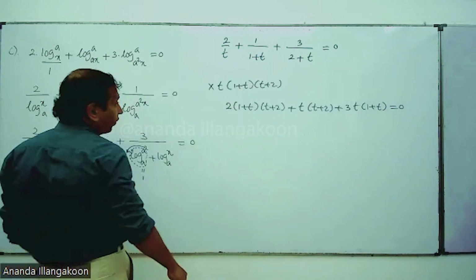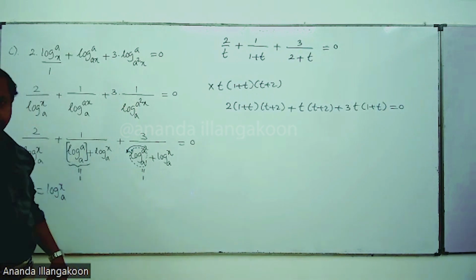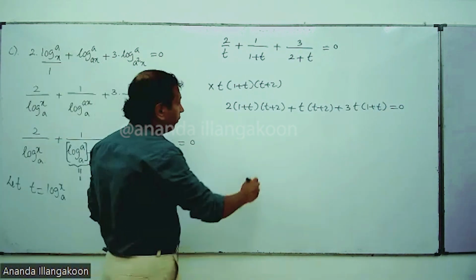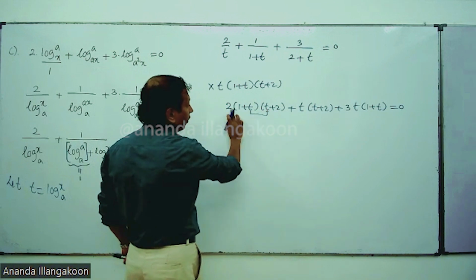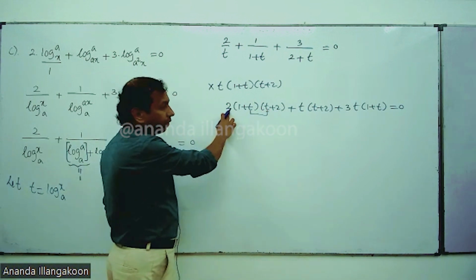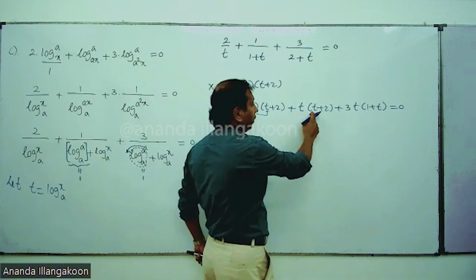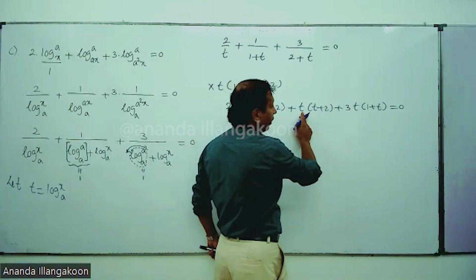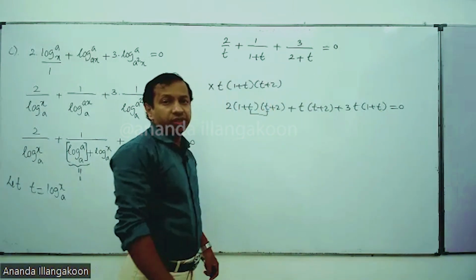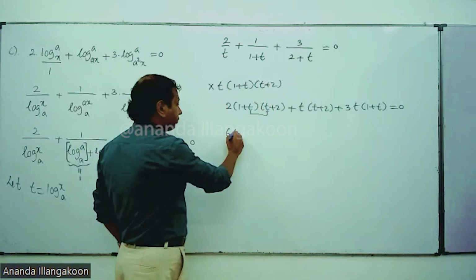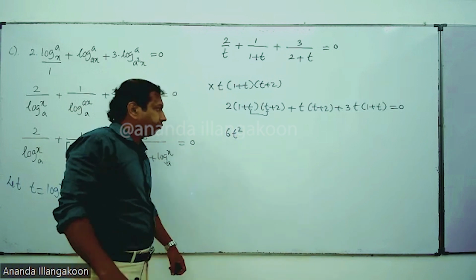You get a quadratic equation in T. What do you get here? This T and this T, T squared into 2, 2T squared. Here we get T squared, then 3T squared. Here we get another 3T squared. Altogether 6T squared. Right. Now T terms.